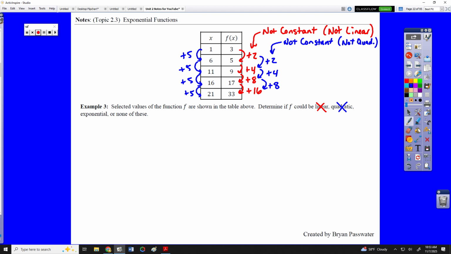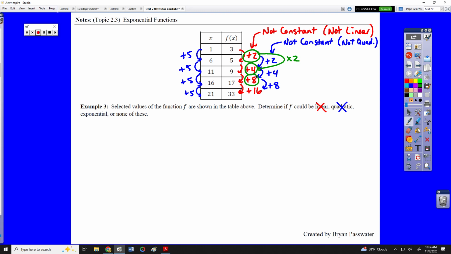So now it's either exponential or it's none of the above. Well, the way we tell is we continue to look at the second differences, but instead of looking at an addition-based pattern in the red numbers, we look for a multiplication pattern in those numbers. And there is a multiplication pattern. Going from 2 to 4 is times 2.